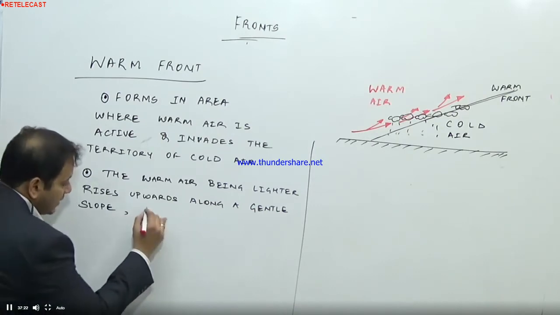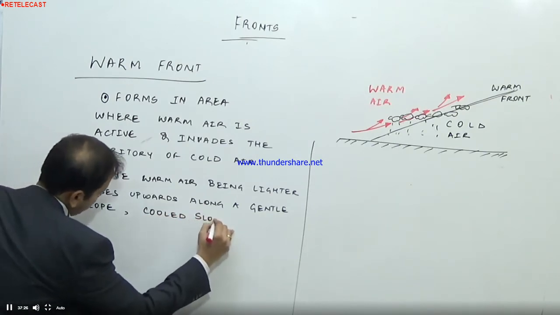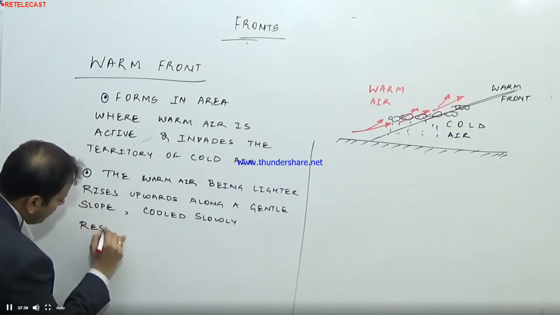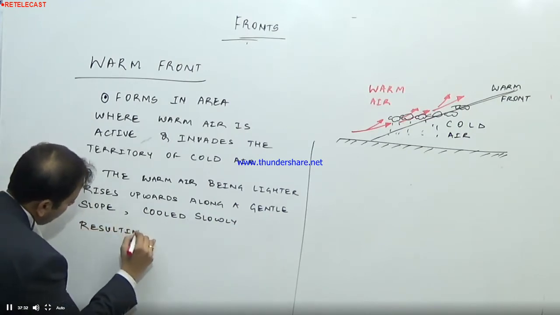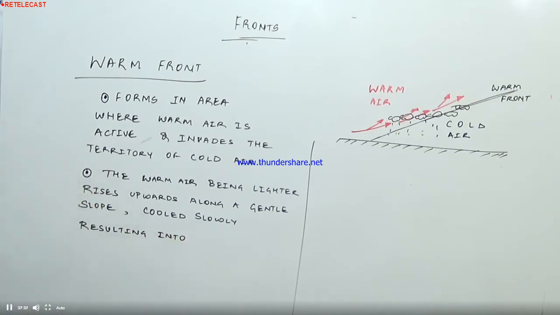Because it rises upwards, it is cooled slowly, resulting in the formation of nimbostratus clouds.